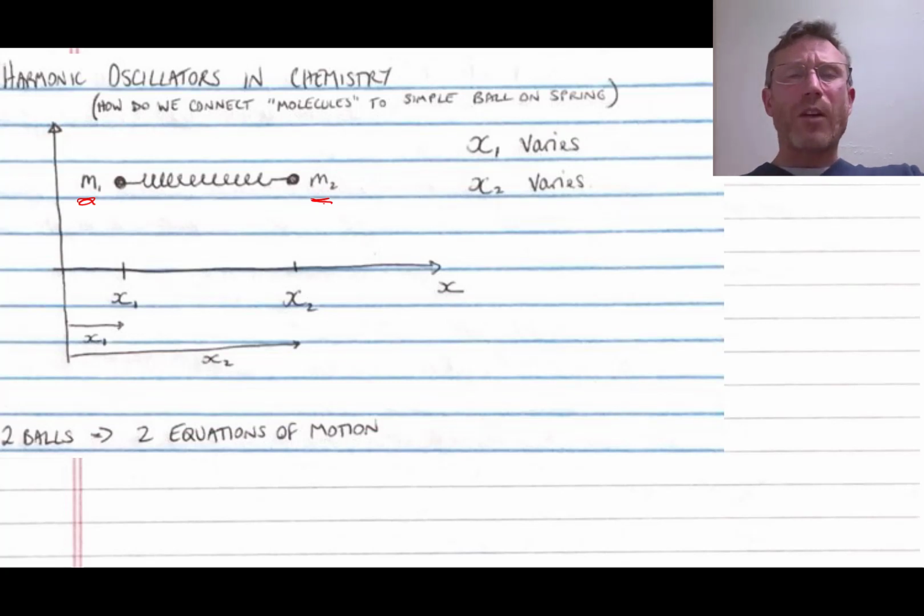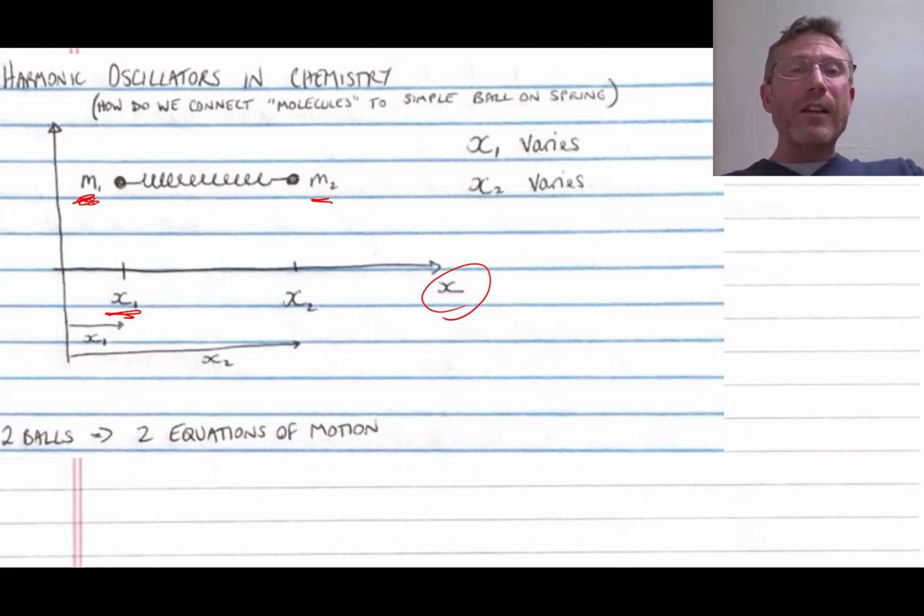In the diagram I'm showing, I've got an x-axis, and the position of the first atom, let's say, of mass M1, is at position x1 on this x-axis. In other words, its location, its coordinate, is x1.